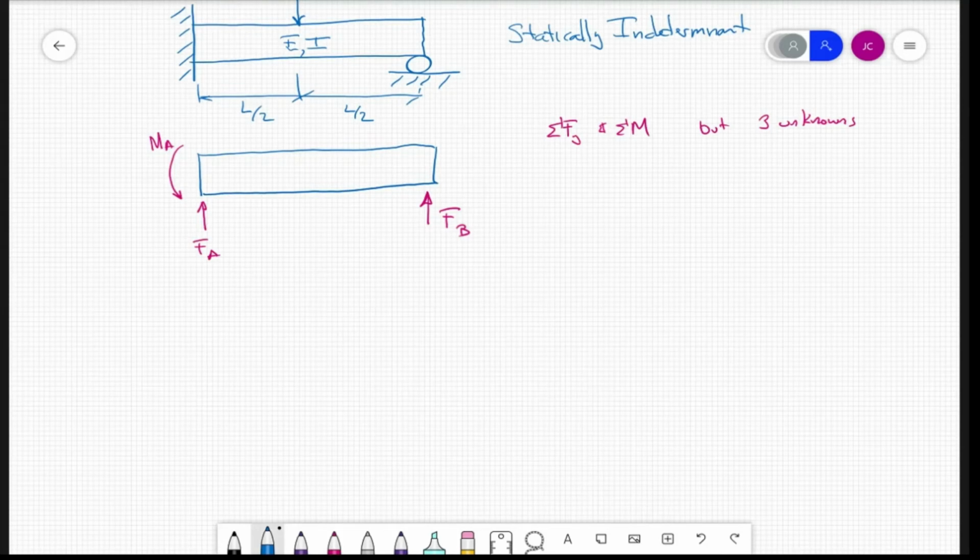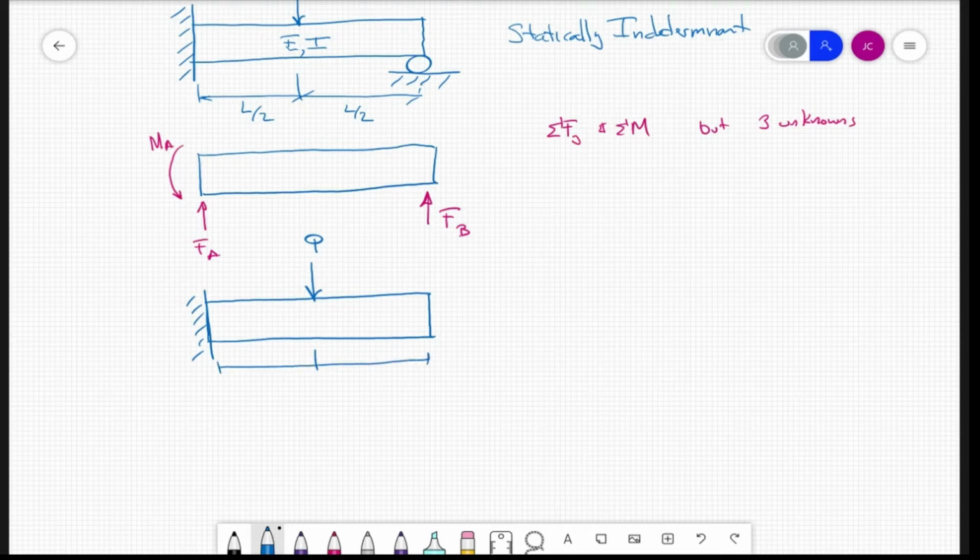We're going to do this case, fixed here with the load at the middle, which we do have a plot for. I'm sorry, there's a case for that in the beam table. That I know. This is going to be case 1.